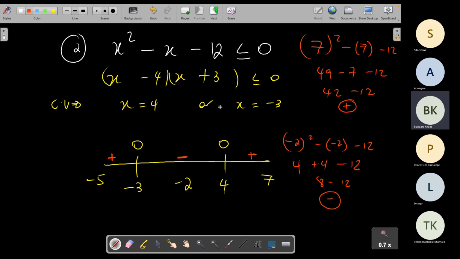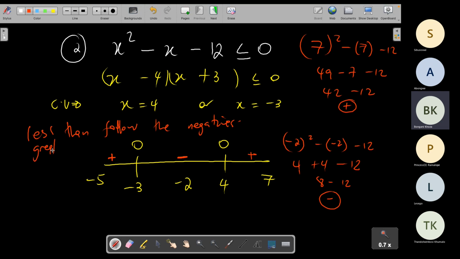So the sign we're dealing with is less than, right? For less than, we follow the negatives.